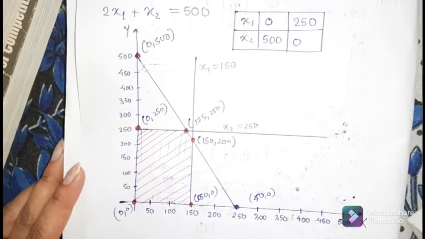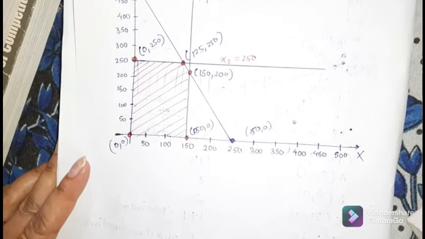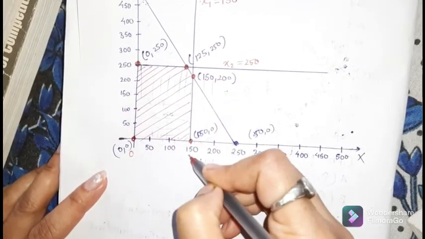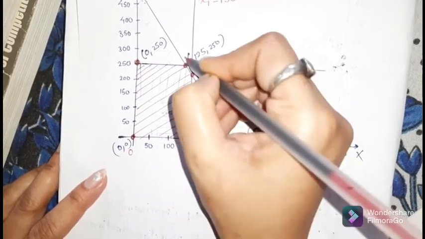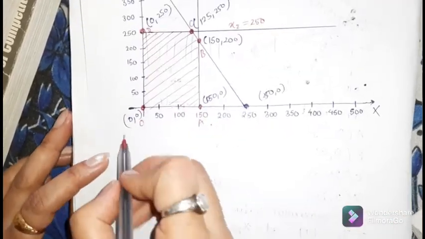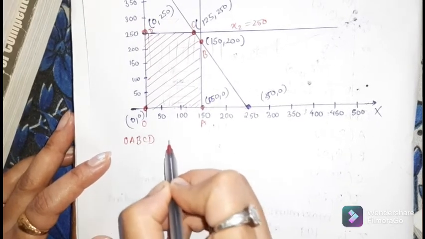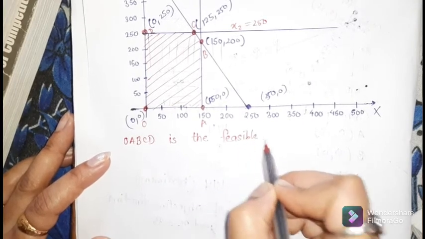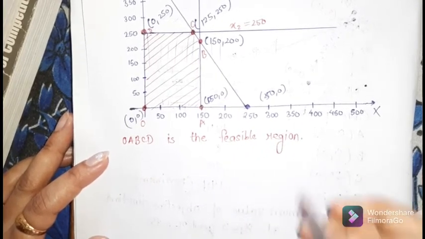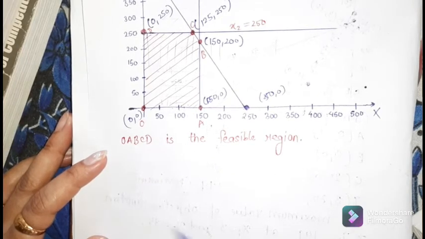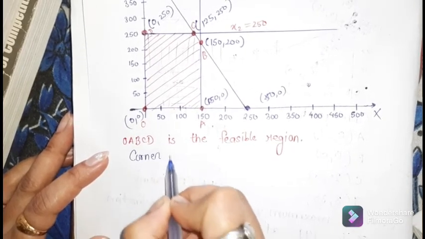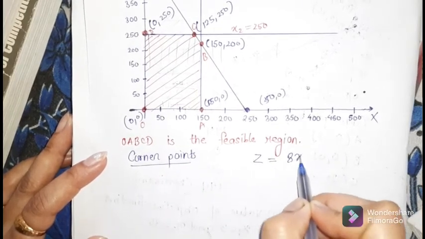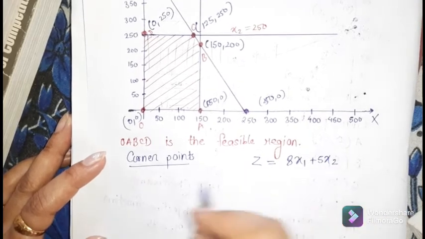Now we calculate at the corner points. Our feasible region is O, A, B, C, D, and Z is 8x1 plus 5x2.